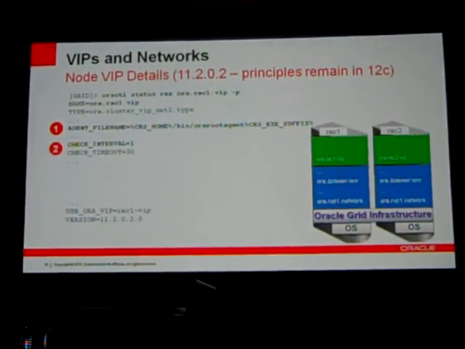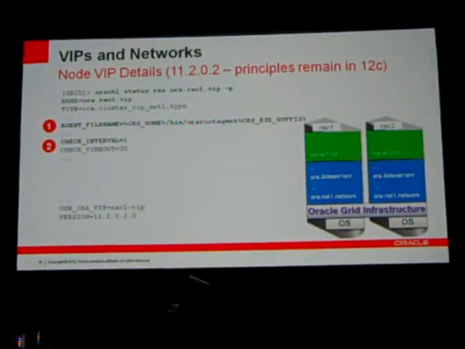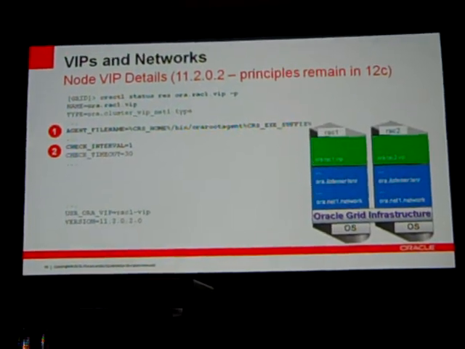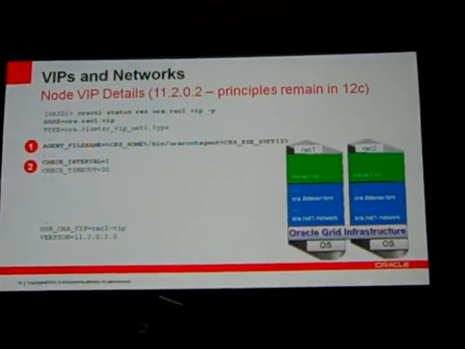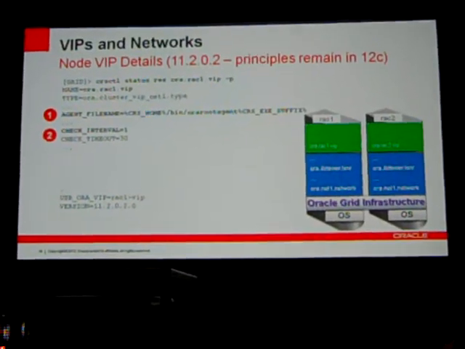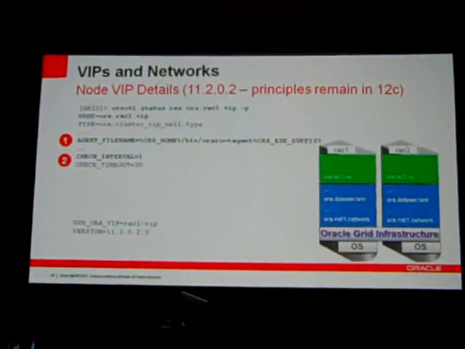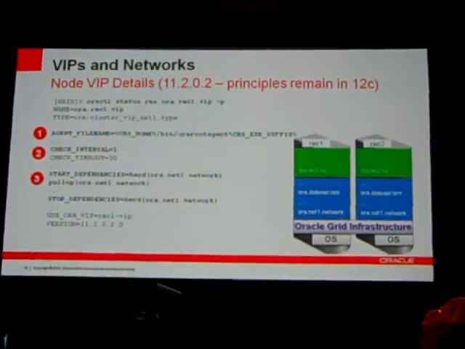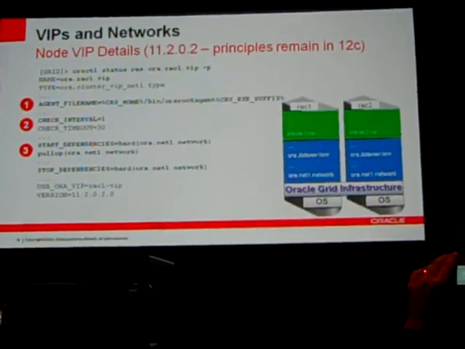Pre-11.2, we couldn't really run too many checks a minute because that would have required too much CPU. We changed enormous things in 11.2, which led us to decrease the time, so we can check more frequently and more efficiently. That was one of the major changes in 11.2. And we have created the start and stop dependencies on the network resource, as I mentioned before.